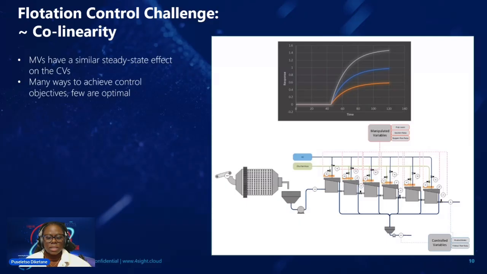So as a result, it is important to understand the best way to manipulate these three inputs in order to achieve the specified control objective for your flotation circuit. Now, in an instance where an incorrect control strategy is being used for your process, it could lead to the control system working against itself, because the controller then needs to move to correct the control actions it has made in one of your inputs.